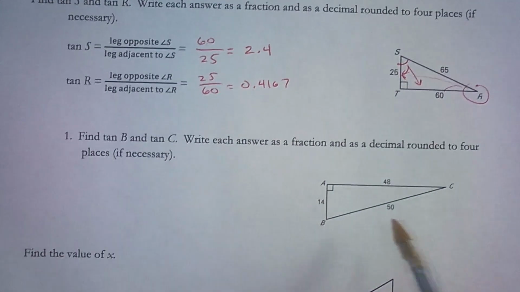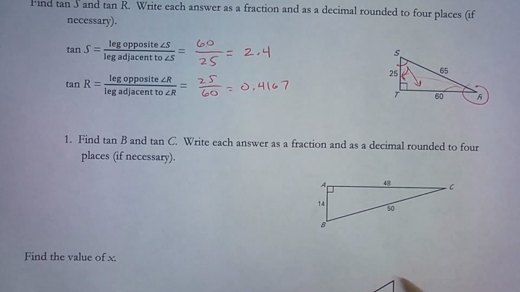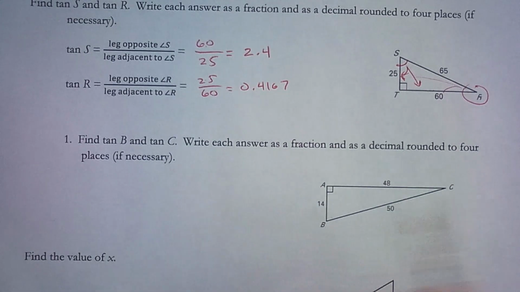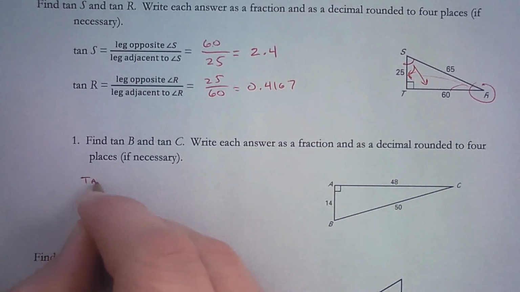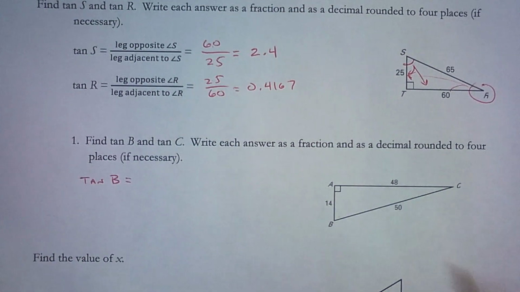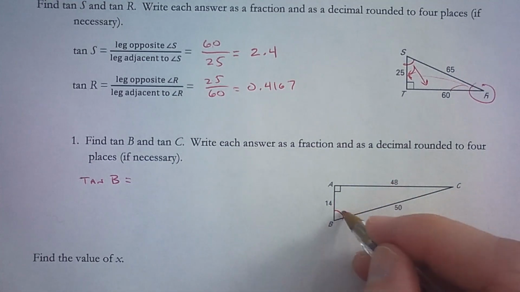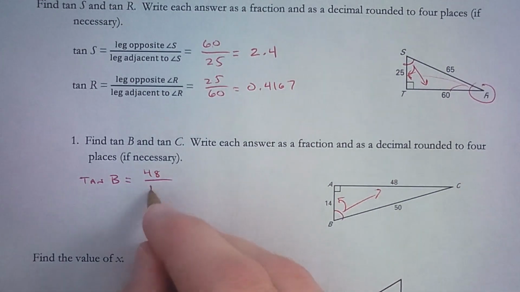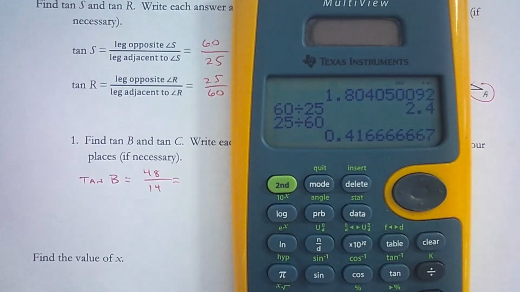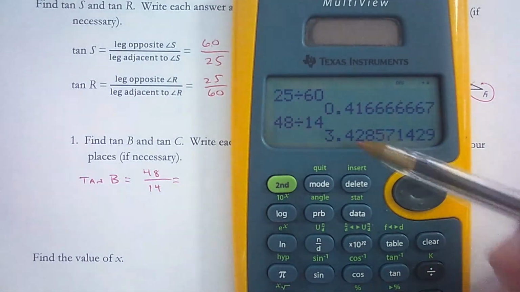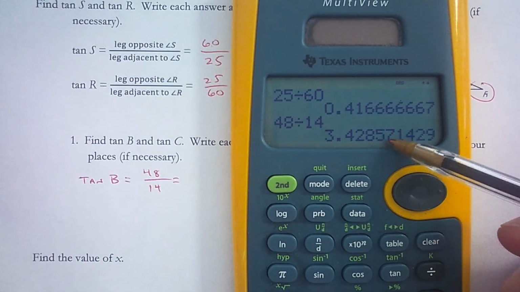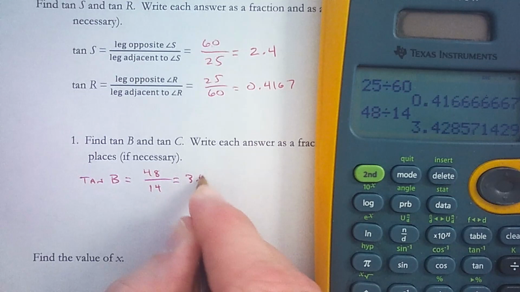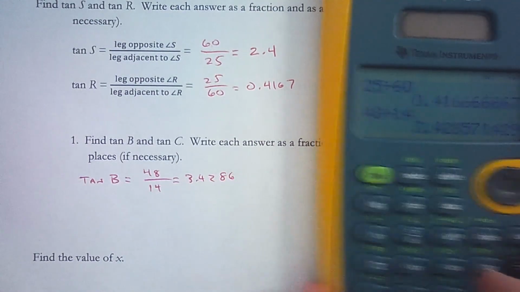Okay, so let's do that again with B and C, and then we'll go back up here and learn something else we can do with this information. So for tangent B, we'll write tan B equals. Okay, so here's B. The leg opposite of B is 48, and the leg adjacent to B is 14. So 48 divided by 14 is 3.4285, but after the 5 is a 7, so that bumps it up to a 6. 3.4286.